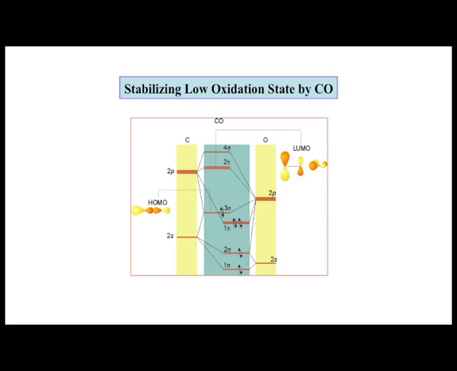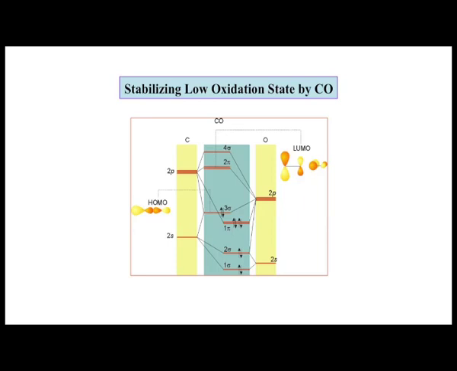In it, carbon has higher energy for its 2s and 2p levels compared to oxygen. When we have a total of 10 electrons on carbon monoxide, they are placed as the 3 sigma electrons and 2 pi electrons.